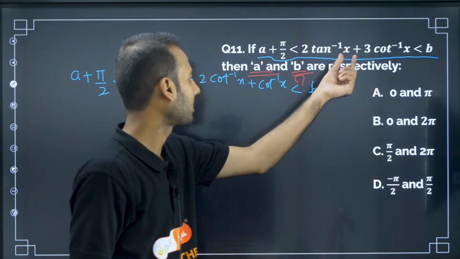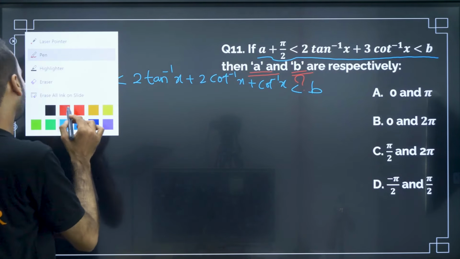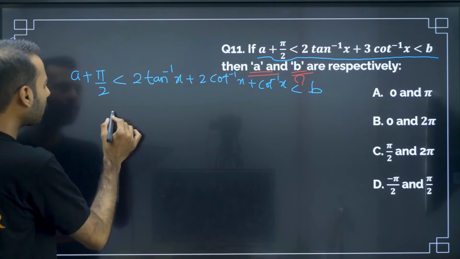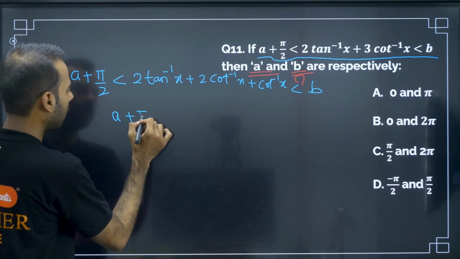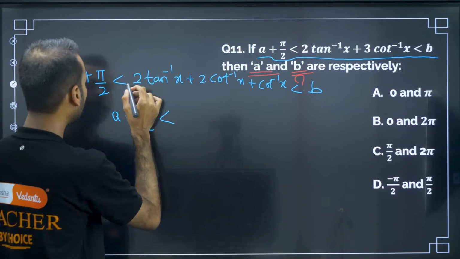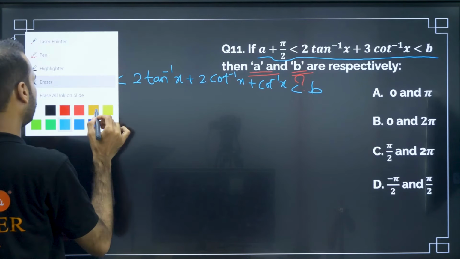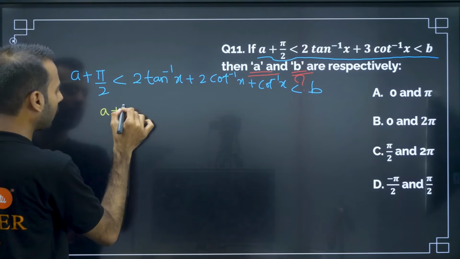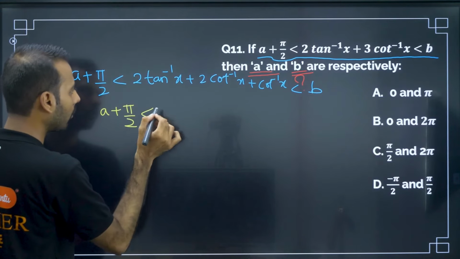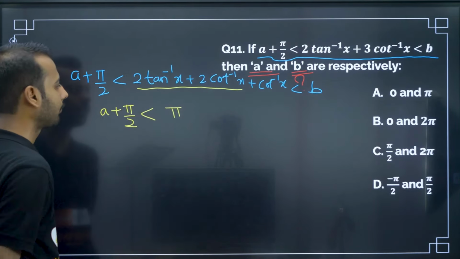For 3 cot inverse x, I am writing 2 cot inverse x plus cot inverse x. Now next, a plus pi by 2 less than 2, and I keep the a plus pi by 2 and the symbol as it is. Now for this part I will write pi.